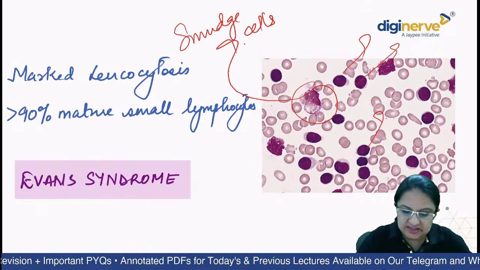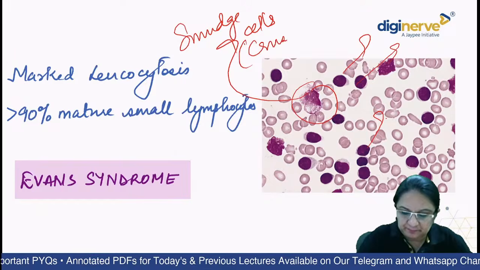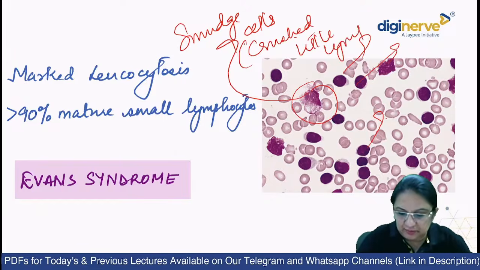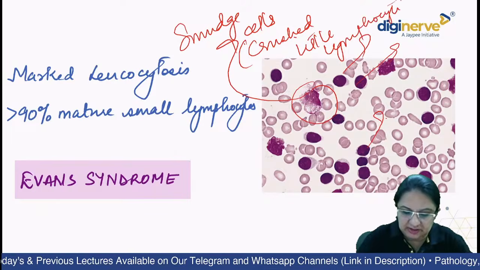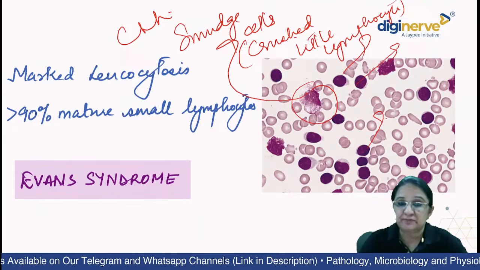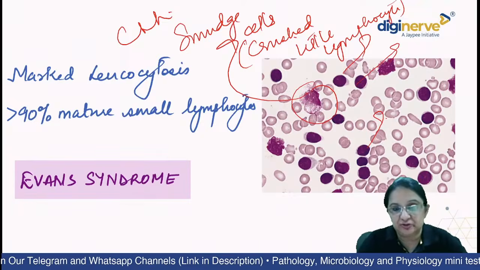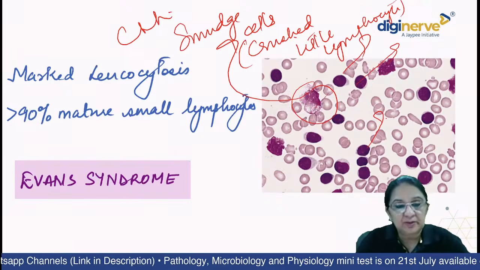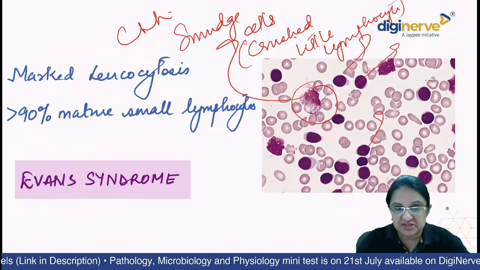What are smudge cells? Crushed little lymphocytes. Another mnemonic for CLL, crushed little lymphocyte. 90% of them will be mature lymphocytes, plus during the preparation of the smear, you can see crushed cells or smudge cells.